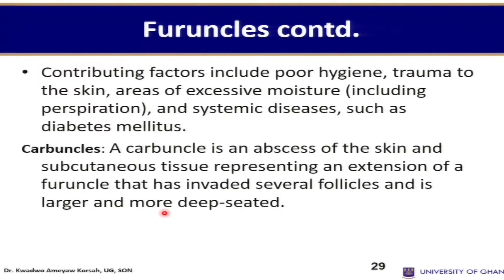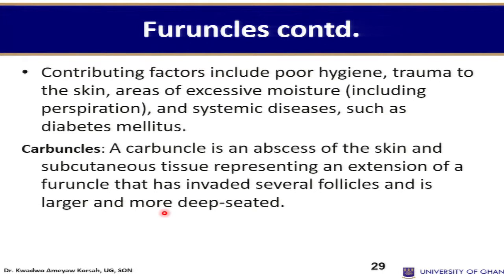Contributing factors include poor hygiene, which we have already mentioned as a major factor for most of the bacterial skin infections. Trauma to the skin can also cause it. Areas of excessive moisture, including perspiration, and systemic disease, such as diabetes, can also contribute to this kind of condition.